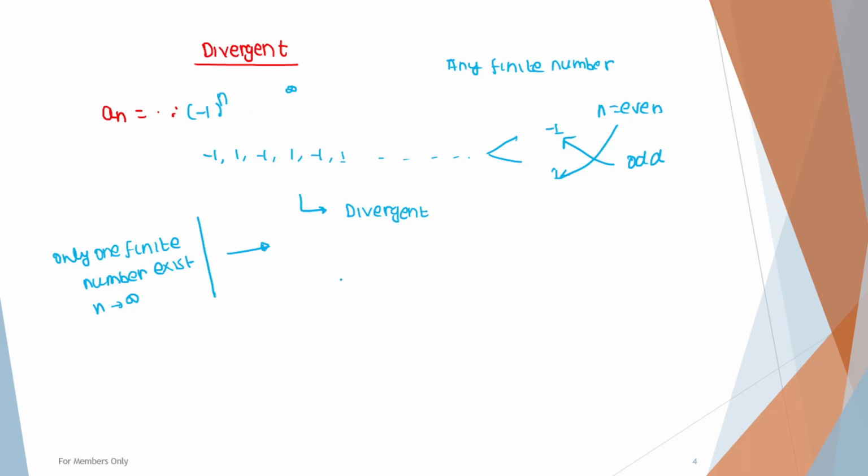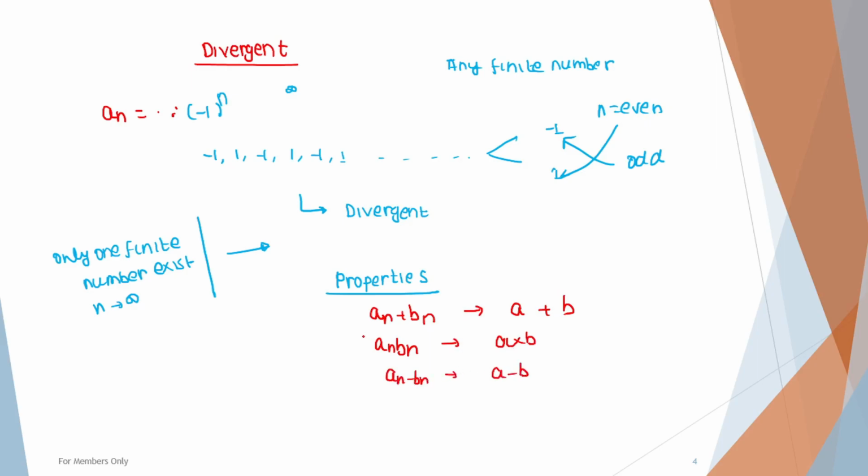There are some properties. If there are two sequences an and bn and both are convergent to a and b, then an plus bn will converge to a plus b. Similarly, an times bn will converge to a times b, and an minus bn will converge to a minus b.